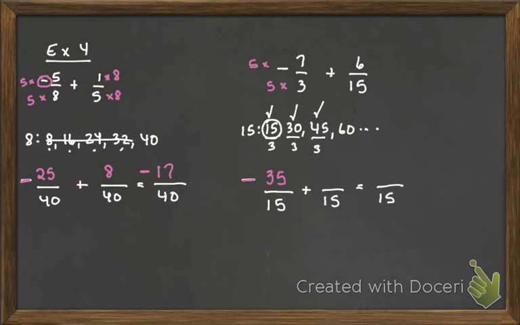Okay? And in order to get from 15 to 15, I multiply by 1, so I multiply 6 by 1. And notice again, that's equivalent to what I started with because my denominator was already a 15. So my signs are different, so I'll subtract 35 minus 6, which is 29, but since 35 is negative, my answer will be negative, and that's my answer. Negative 29 over 15, and leave it like that.